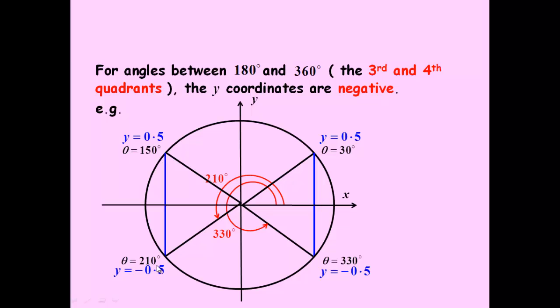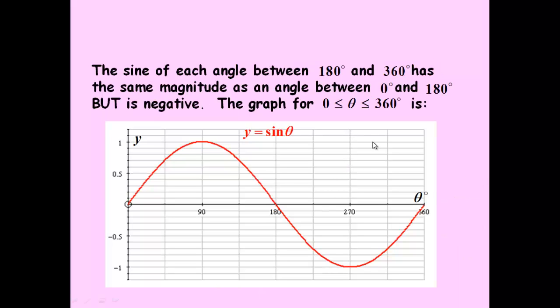The sine of 210 degrees is minus 0.5, and we can see why here, perhaps by comparing it to 150 degrees, which we'd already previously established had the same sine value as 30 degrees. So there we are, those negative values. And this is what we end up with. So between 0 and 360 degrees, y equals sine theta looks like this.